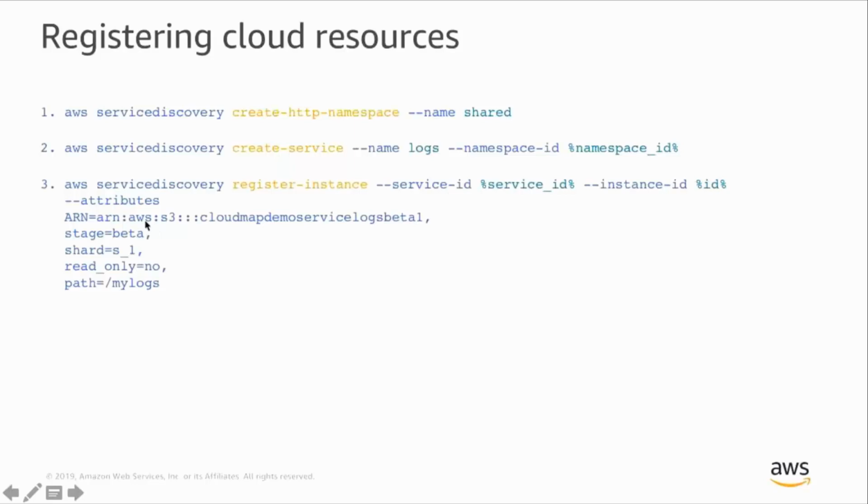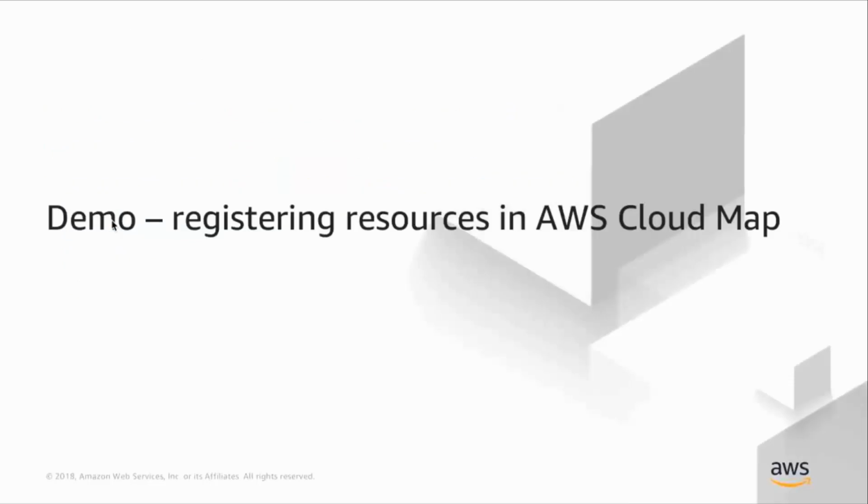These are custom attributes. There is absolutely no schema. You can put pretty much any key values that you want. In that case, I decided to go with ARN, stage, let's say shard, read-only flag, and path. Now let's take a look at the actual console.